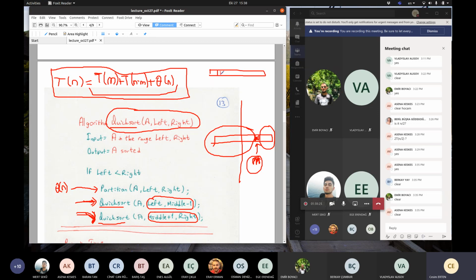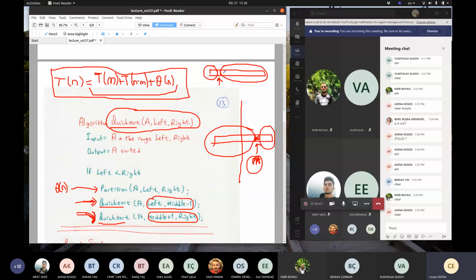Let's say this is where the pivot element belongs, this is my mid index, so that I have partitioned the array into two, one part very small, one part very big. Would this be a good partitioning? Would this give us a good running time?